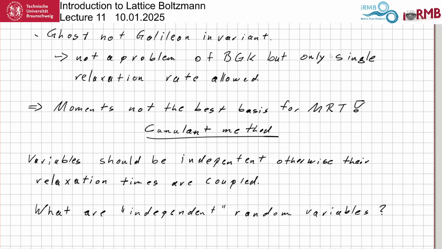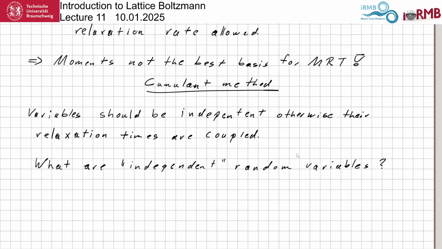Say we have two random variables, like, because we are already in kinetic theory, you pick a particle and you measure its velocity in x direction. Do you then know its velocity in y direction?